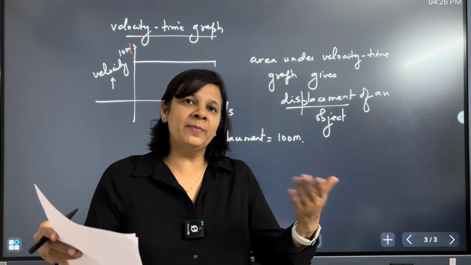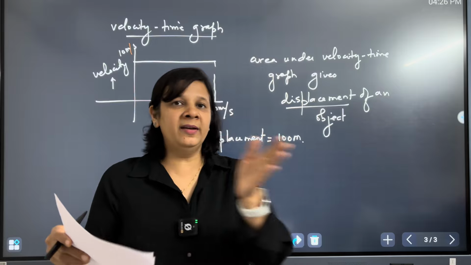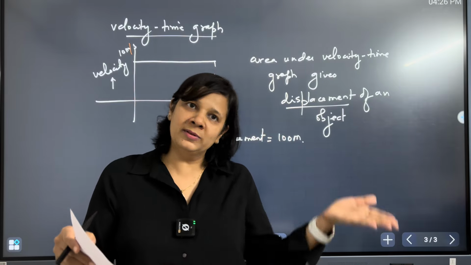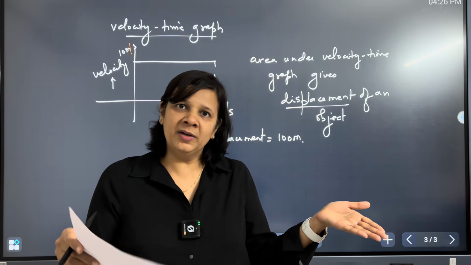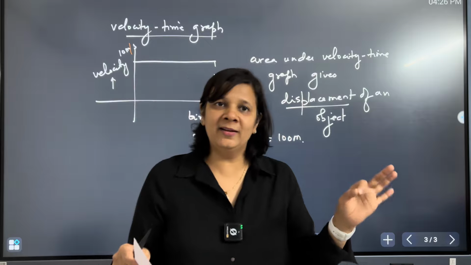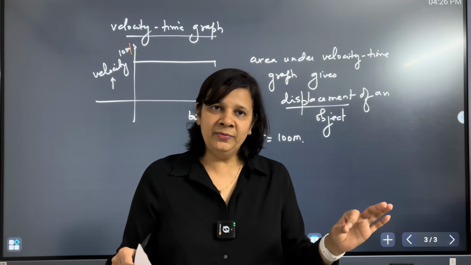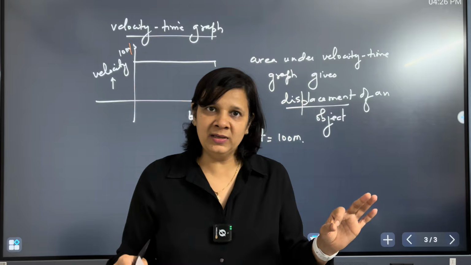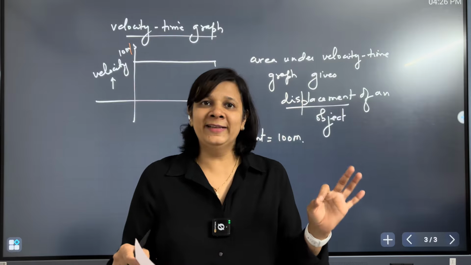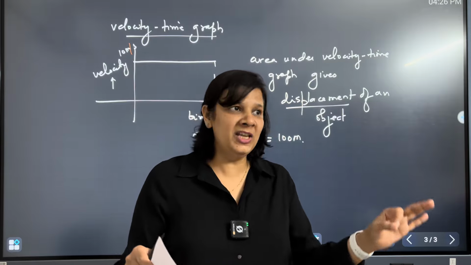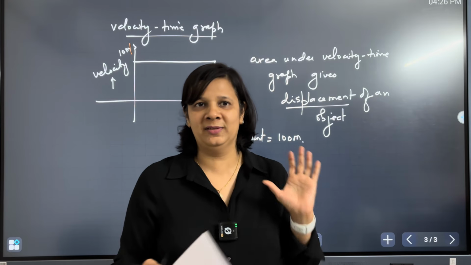Instead of that, the object might have started at 200 meters and ended up at 300 meters. Then also the displacement would be 100 meters. So from the area under the velocity-time curve, you will get the idea of displacement, but you will not get the complete information of the initial and the final position of the object.